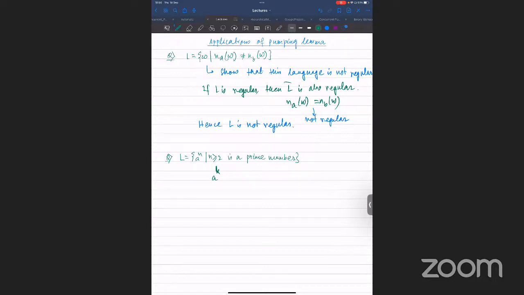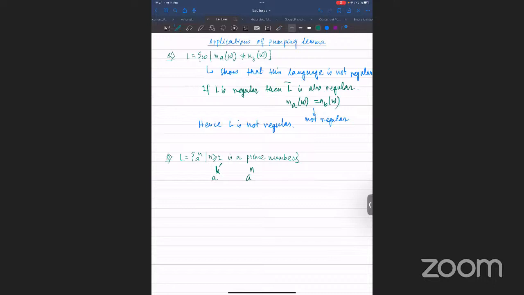I give you some k. You have to choose. You have only one option, a^k. Actually, you have more than one option. You can have anything greater than or equal to k. You can choose some a^k prime also, whatever. But just to do a^n, suppose you choose that.